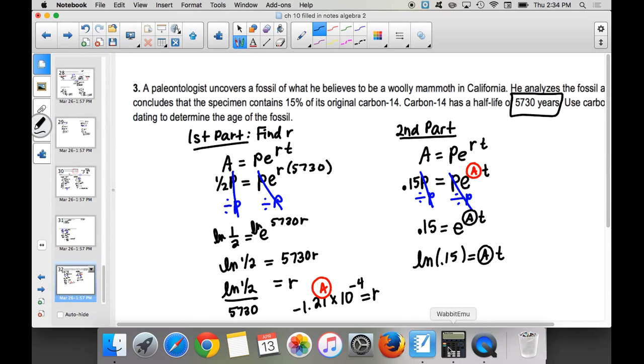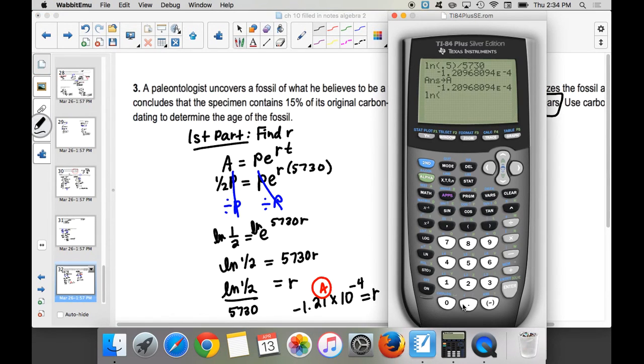So we take that natural log of 0.15, and if you did it and thought, oh no, I forgot to divide by that answer, that's why we've stored that answer. So now we divide by alpha A. Some of your calculators, you can go up and grab the things. This one's a good one to store. So we end up getting 15,682 years old.